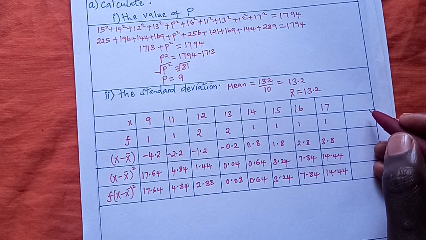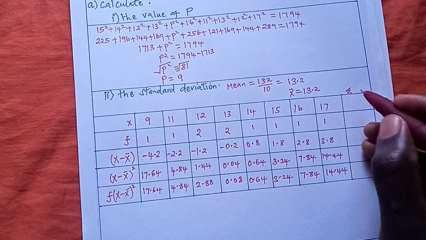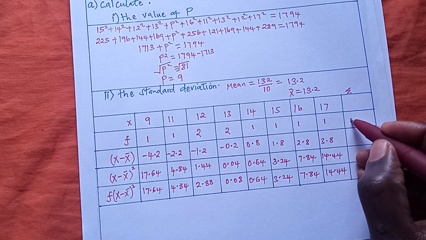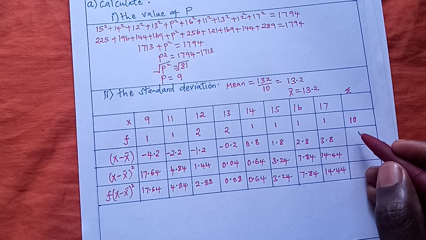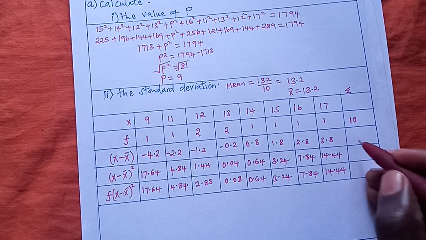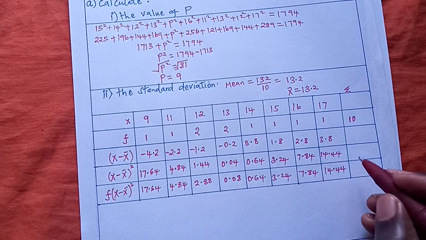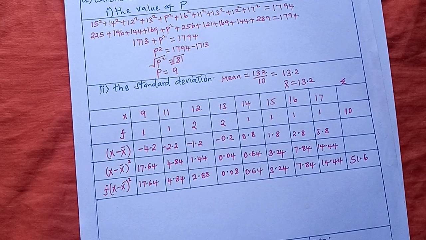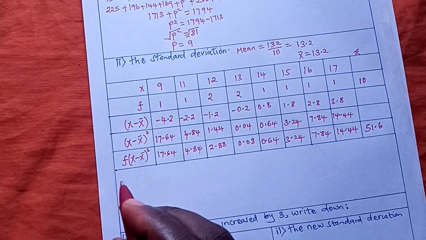Under this space, we have to get the sum, and in this case, the sum of f is 10, simply because the number of pupils is 10. Now, another summation we need to get is the summation of f times the squares. The sum is 51.6.